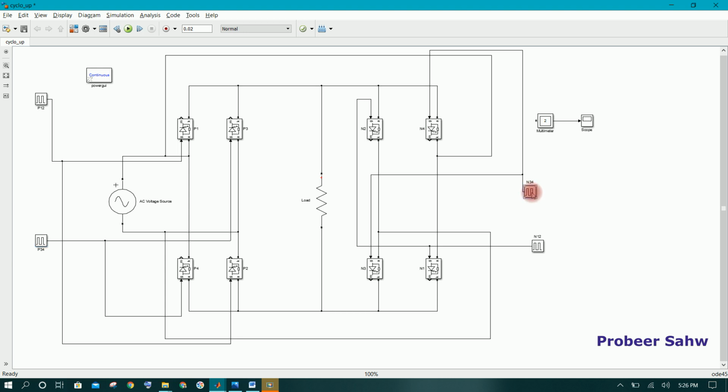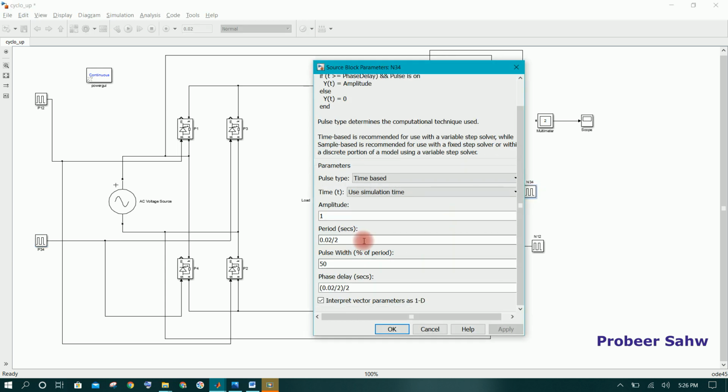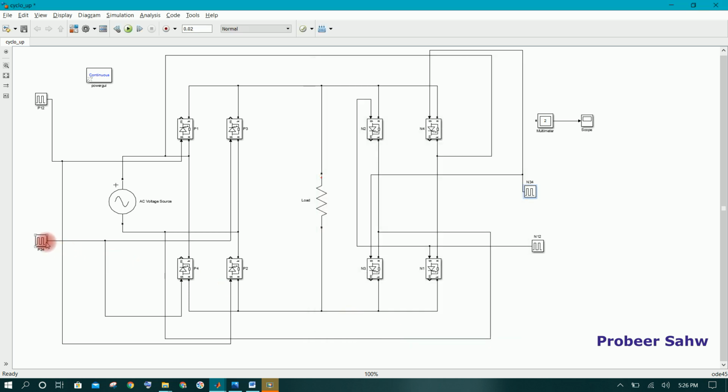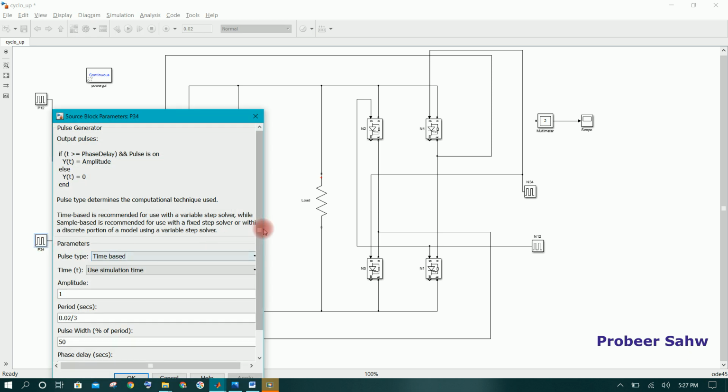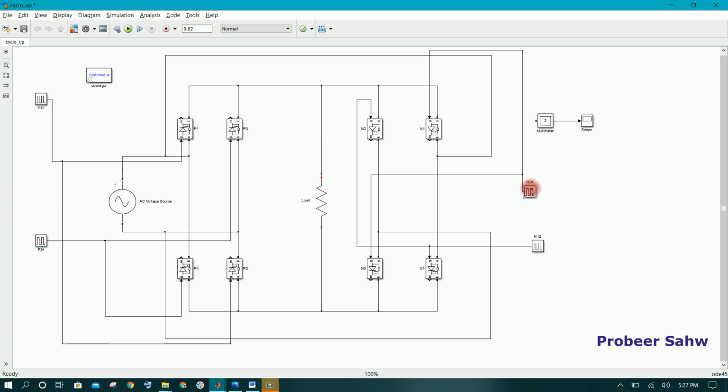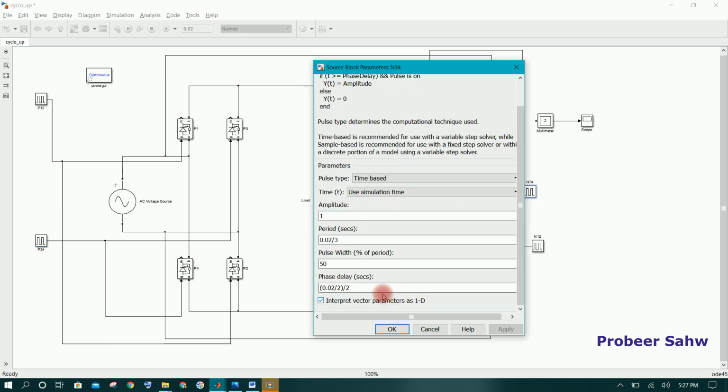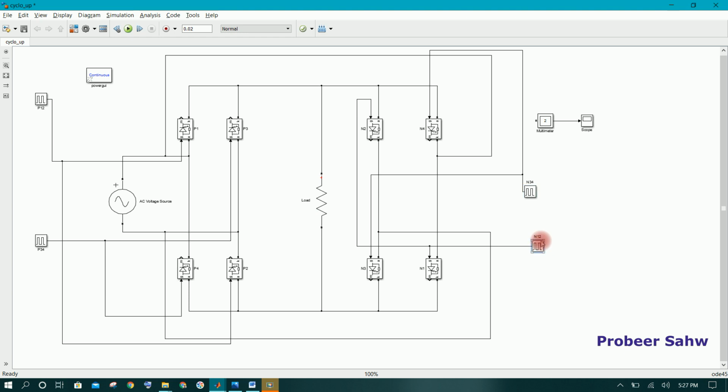For N3 and N4, 0.02 divided by 3. So we just changed the time period, but we did not change the phase delay. We must also change the phase delay. For N3 and N4, the phase delay was 0.02 divided by 3 divided by 2, and similarly for N1 and N2.